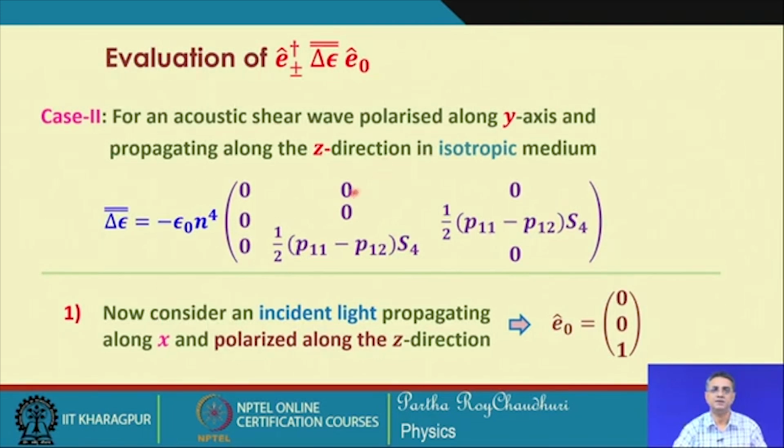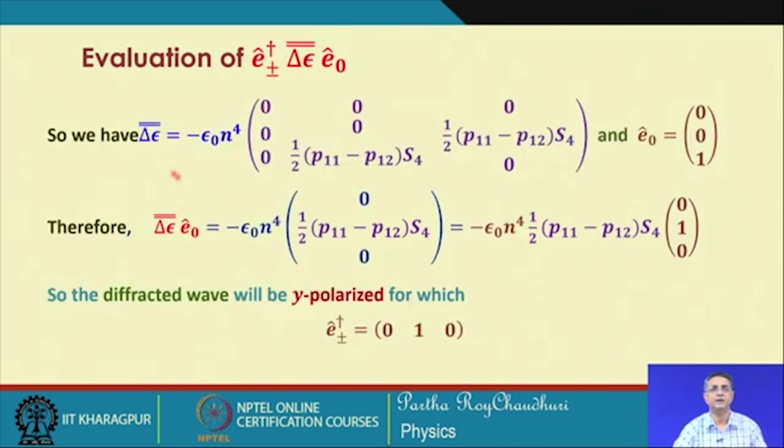So, this time it is a shear acoustic wave, the incident beam is propagating along x, but polarized along z direction. So, immediately we can write this polarization vector as 0 0 1. So, this is Z polarized light, which is the incident optical beam.